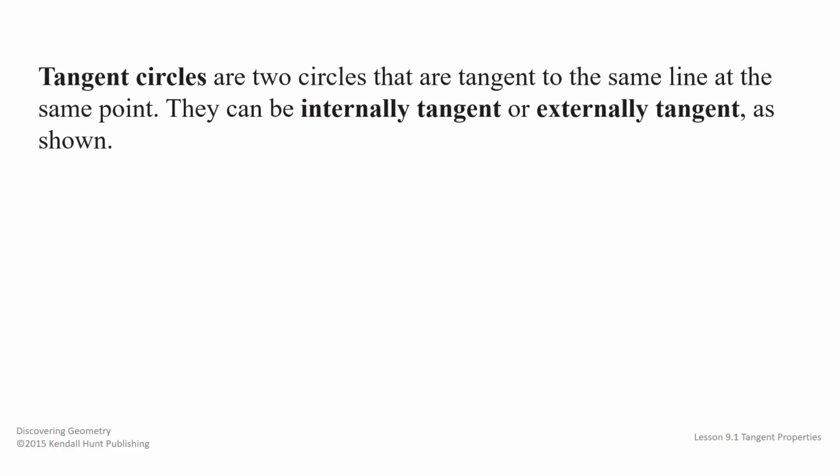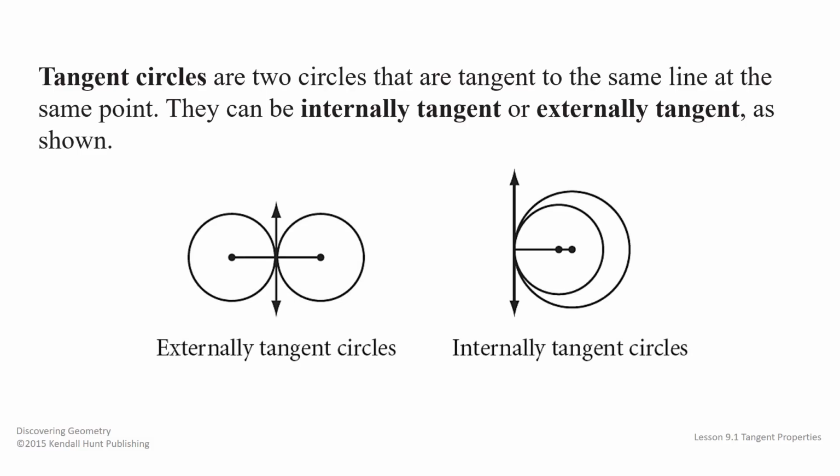Now our next thing, when we talk about circles and tangents, sometimes you can have multiple circles that are tangent to the same line. You have two terms here, internally tangent and externally tangent. Internally tangent means that you have a circle within the other. Externally tangent circles are two circles separated from each other, but touching the one line that goes in between them.